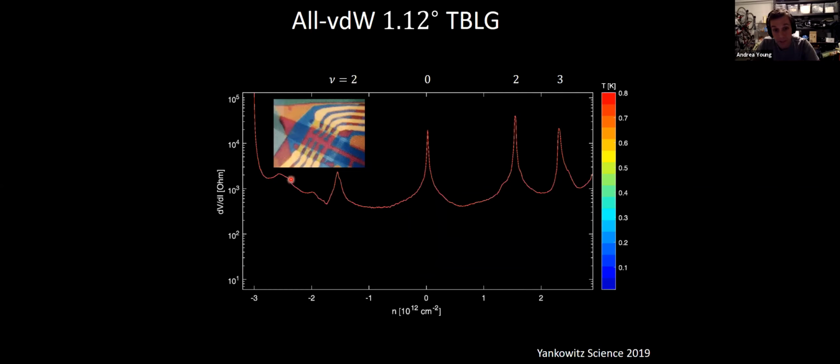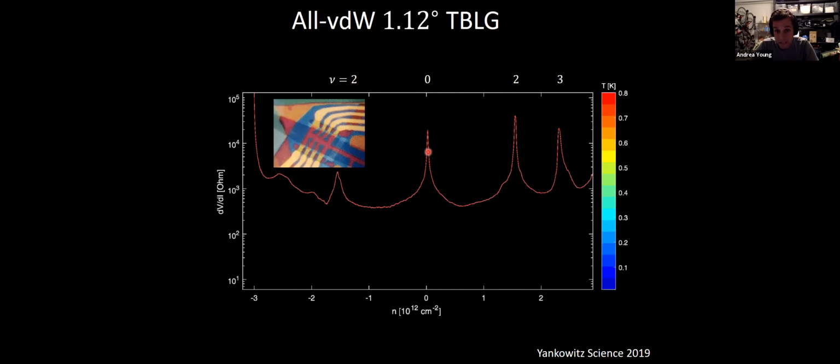So here's a measurement of a twisted bilayer graphene sample. This is measured at high temperature, let's say a Kelvin or so. We're plotting things as a function of charge carrier density, and above is indicated the number of electrons or holes per superlattice unit cell.